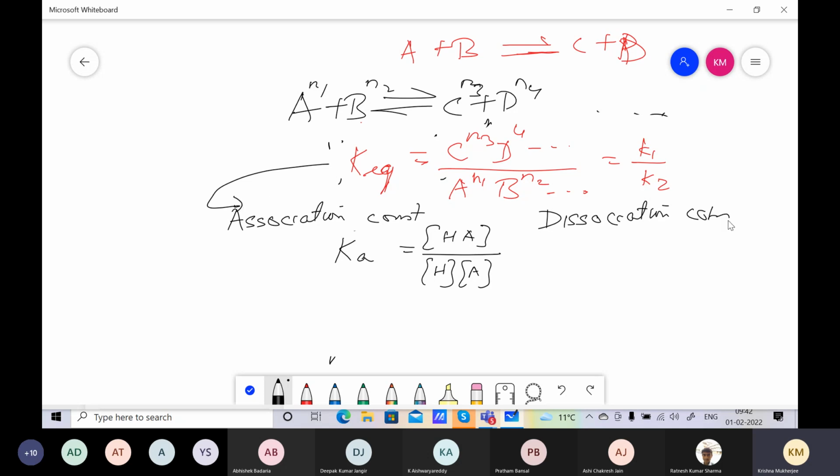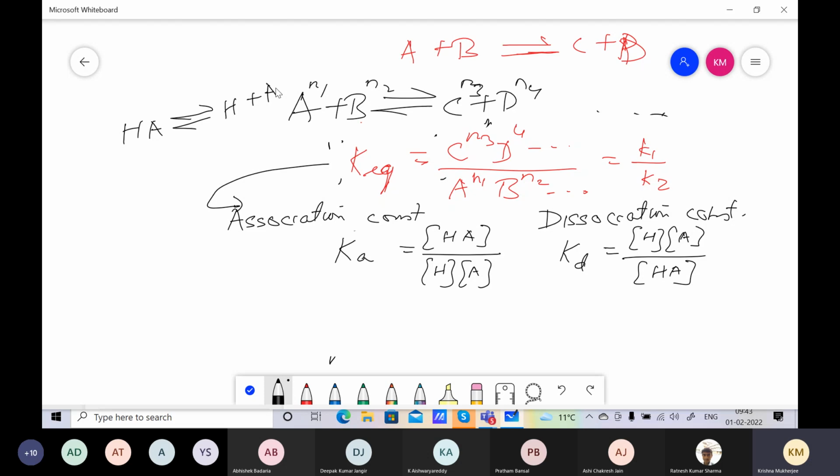I will also talk about dissociation constant, given by Kd, which is the inverse of this, which is H into A upon HA. So if we have HA going to H plus A, that is your basic essential equilibrium.